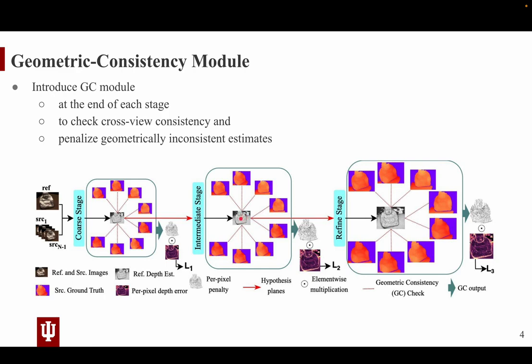The back-projected depth maps are then thresholded to collect the geometrically inconsistent pixels, which generates a per-pixel penalty for each stage. This per-pixel penalty at each stage is then multiplied with the per-pixel depth error at each stage to generate the relative depth values. These stage depth values are then combined to generate the final depth value.